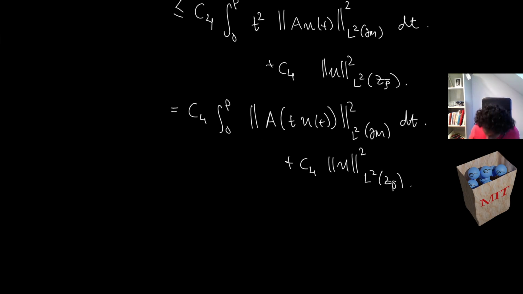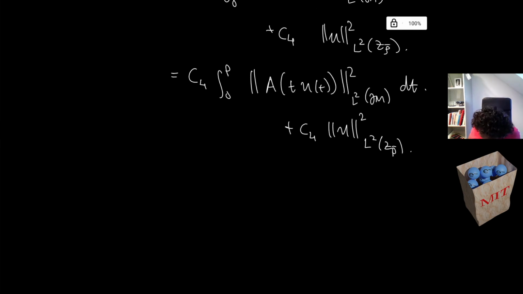So okay, what have we really gained from this? This is really where the proof is different from the self-adjoint version of this lemma, because here we have to resort to the results that we proved previously in the model problem. So let v of t equal t u of t.